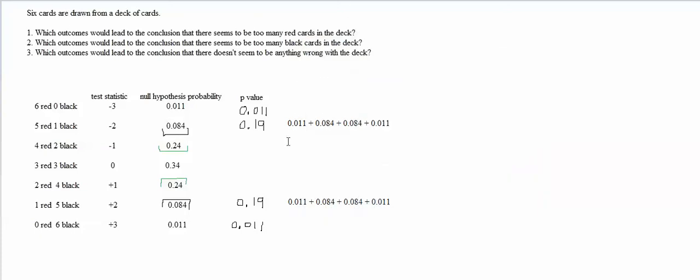This one is actually going to be 0.011. Actually, let's start here. 0.24 plus 0.084 plus 0.011 plus all of this over again because we have to include the bottom three.